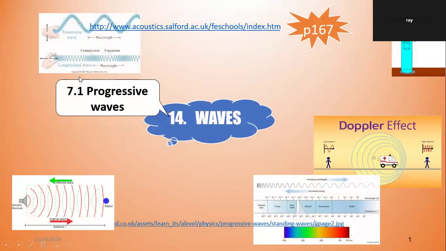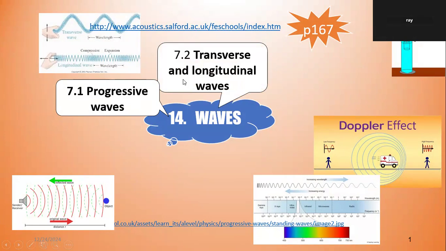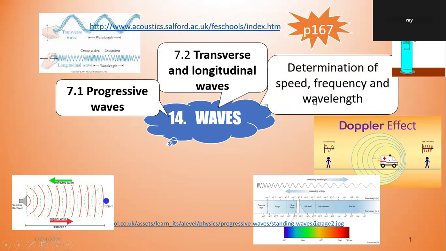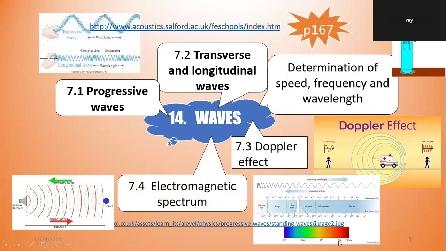We have finished progressive wave, how to represent the wave, and we have learned different terms: wavelength, period, phase, and phase difference. This is what we are going to cover, from your syllabus: transverse and longitudinal wave, 7.2, determination of speed, frequency, and wavelength. Then after that, Doppler effect, electromagnetic spectrum, polarization. Hopefully we can cover all of them.